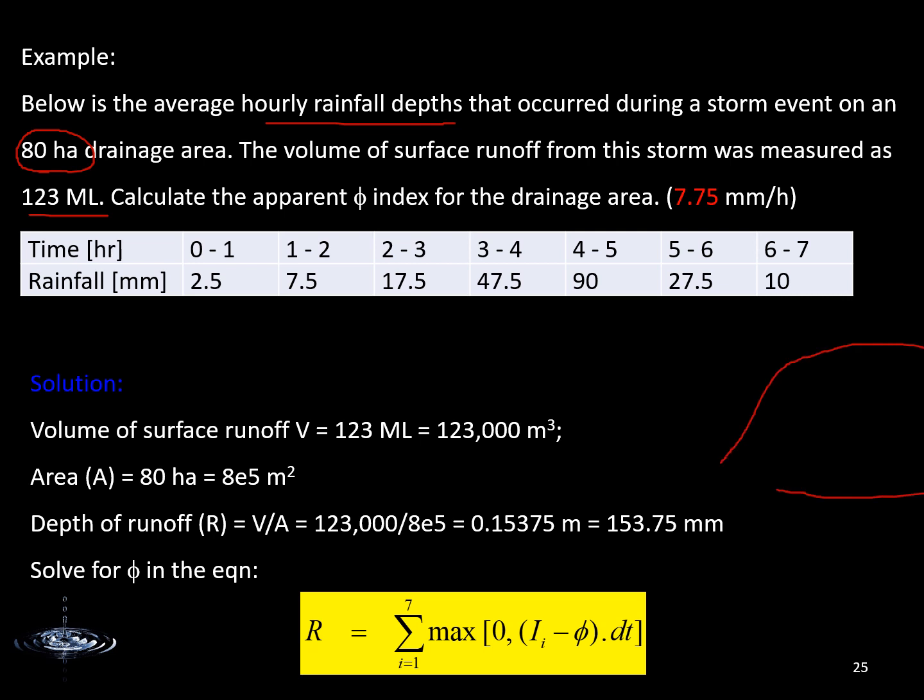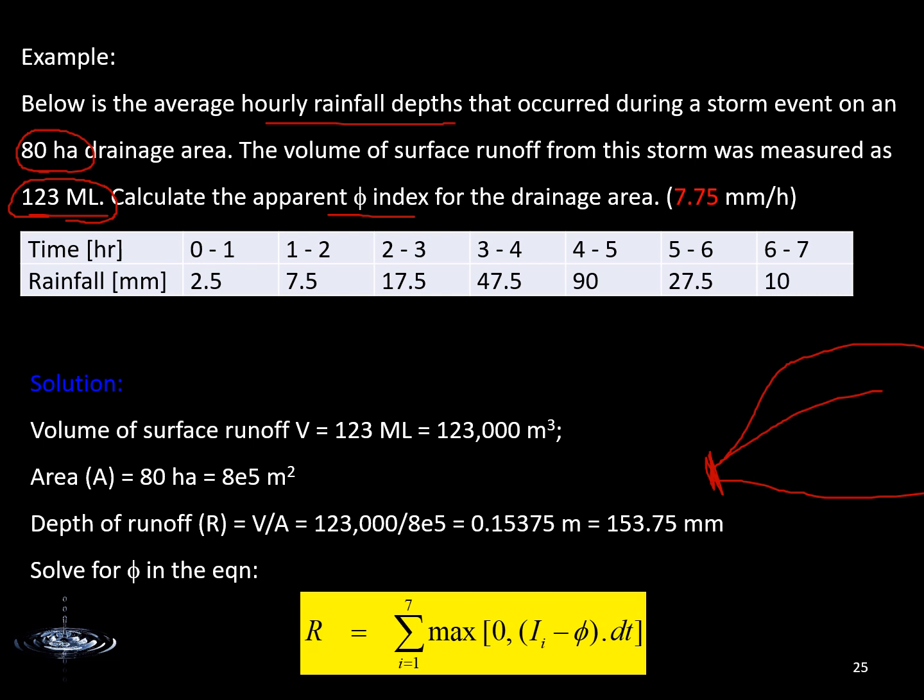So you have the catchment area, and at the outlet of the catchment you measure for 10 hours or more, and you find the total amount of water leaving the catchment after the rainfall is 123 million liter. So what is the apparent phi index? What is the infiltration rate that it is asking?